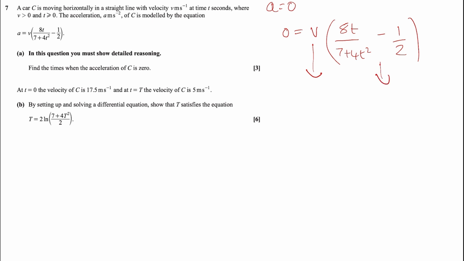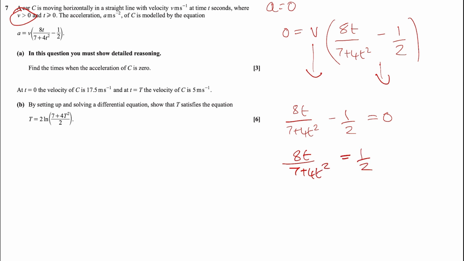Scanning the question, I can see v has to be bigger than 0, so that's not possible, which means it's the other one. So this bracket has to be 0. That means that 8t over 7 plus 4t squared has to equal a half.